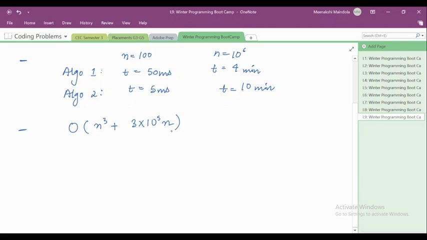So what happens in this case, whenever we consider time complexity, writing down the time complexity, we talk about only the non-constant part. So basically we are going to remove this constant part, and we are going to say that the total complexity of your project or program, whatever you've created, is going to be order of n cube, right?